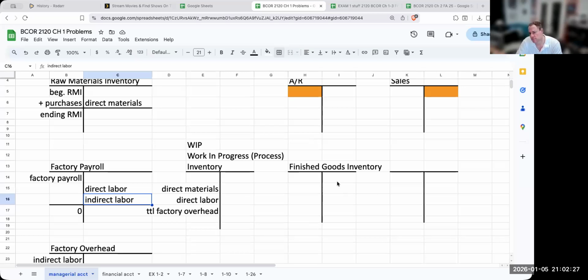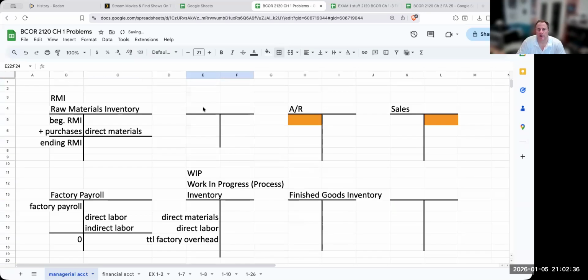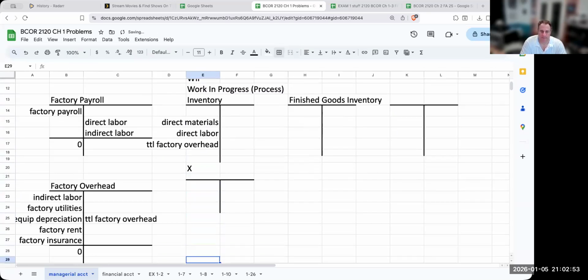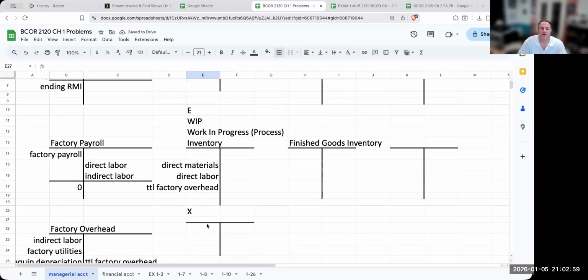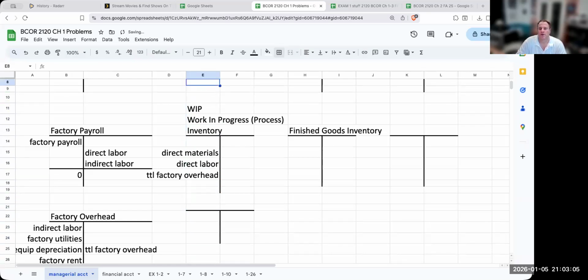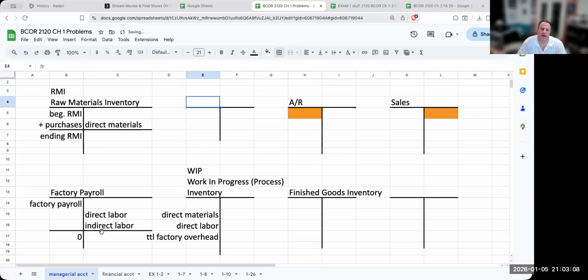And you might be saying to me, Bennett, how can we have indirect labor if there's only one work in process account? Well, say we were looking at Tesla, and all their vehicles were made at the same place, you would have separate work in process accounts for the Model S, the Model 3, the Model X, and the Model Y. So that's why we have indirect labor.